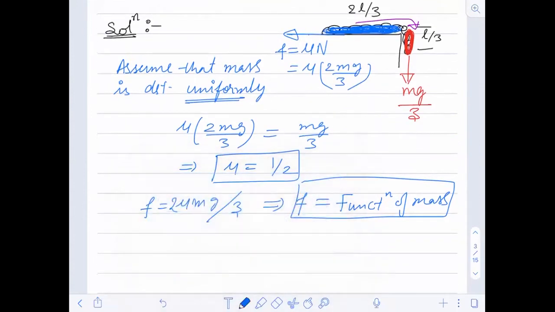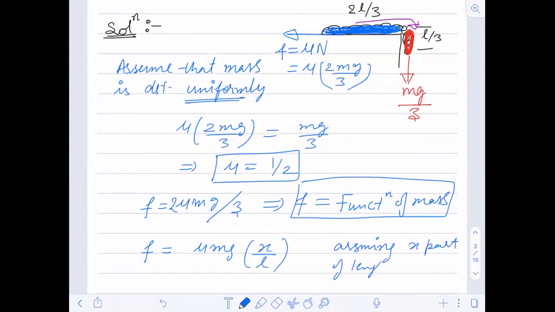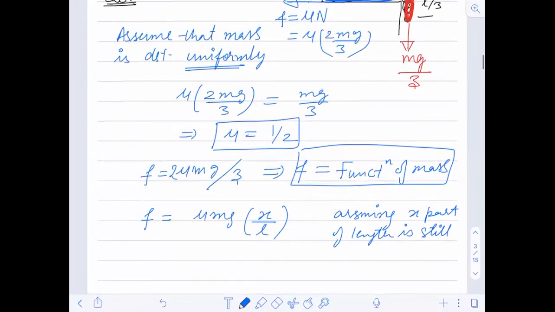I can write the equation for this friction force as mu mg x by L. Just try to understand how I have written this x by L, assuming x part of length is still on the table.